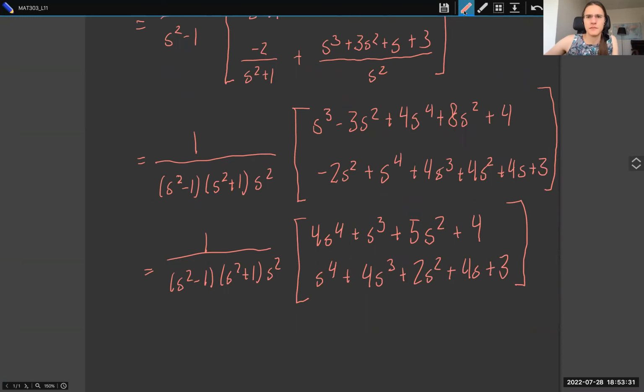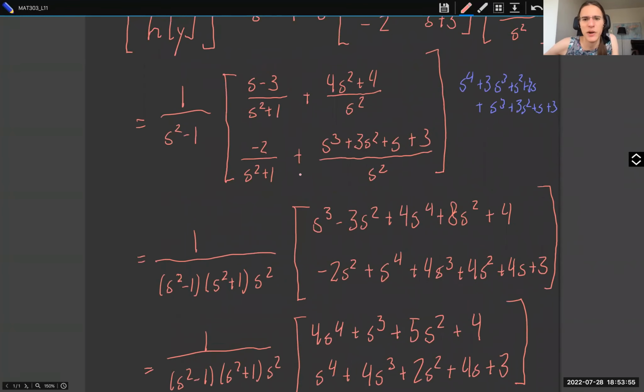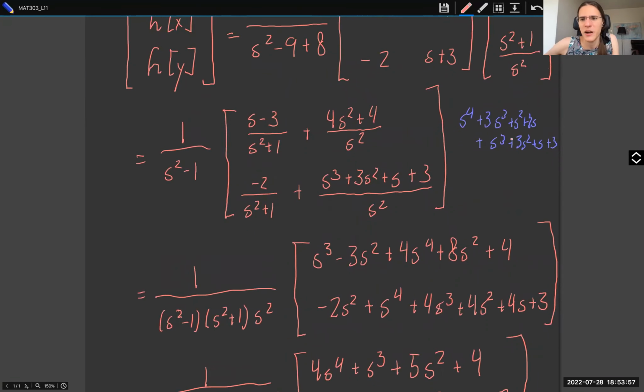I could quickly look at the source material. The source material does not have an s, so where did we go wrong?